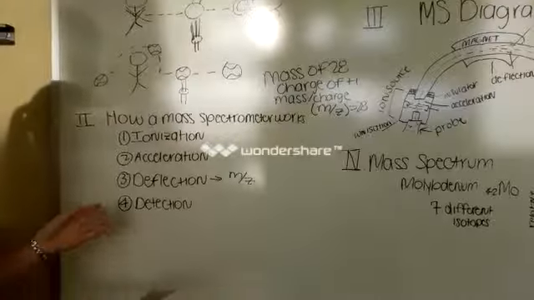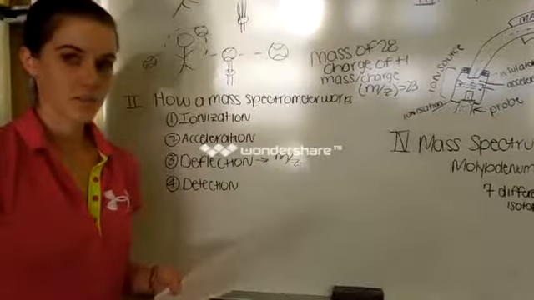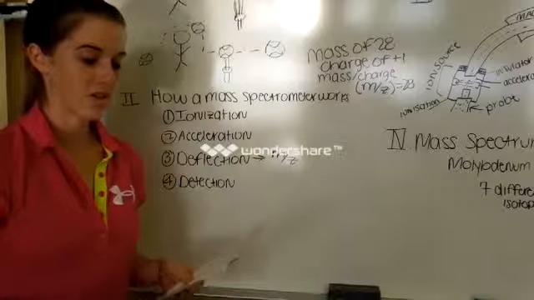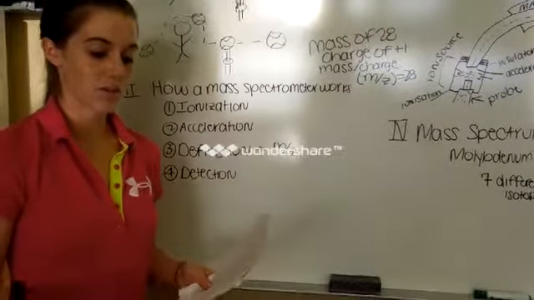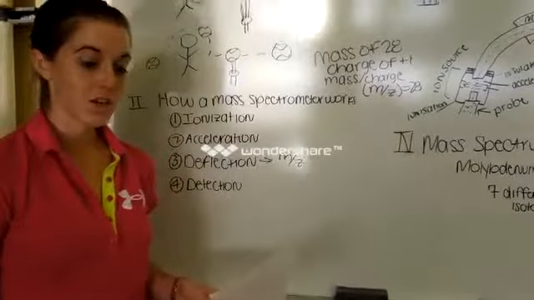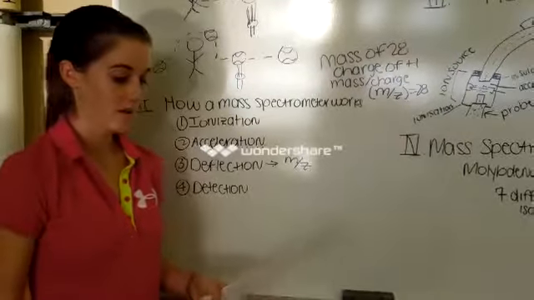So then the next stage is detection. And this is when a beam of ions passing through the machine is detected electrically. And if you vary the magnetic field, you can bring each ion stream in turn onto the detector to produce a current which is proportional to the number of ions arriving.